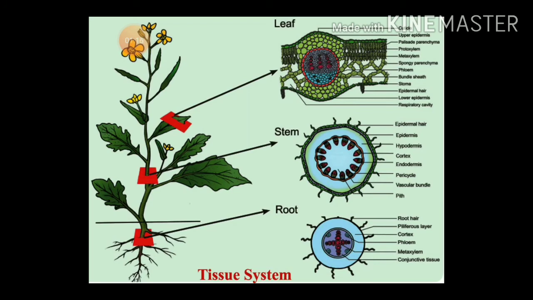So in the tissue system, tissues are arranged in different manner in different organs. There may be parenchymatous tissue, collenchymatous, sclerenchymatous, as well as complex xylem and phloem tissues which are arranged in different manner in different tissue systems.